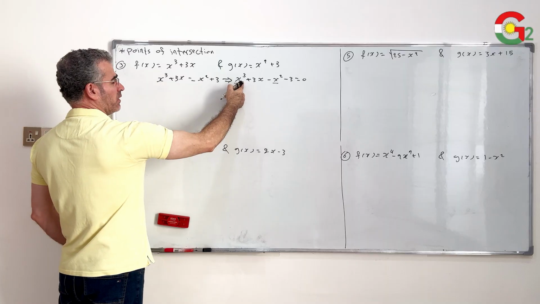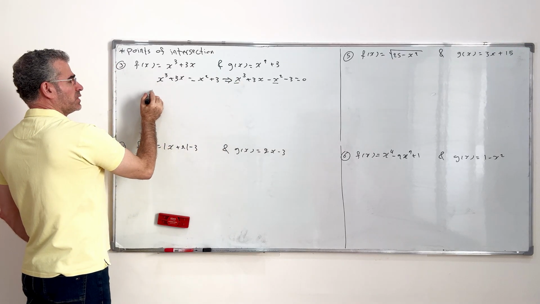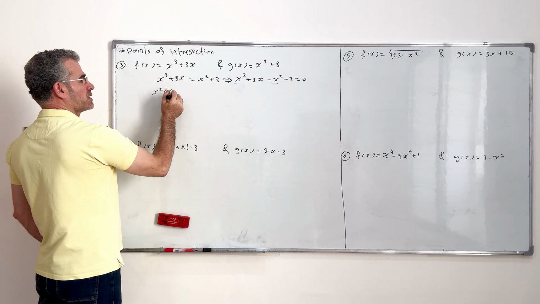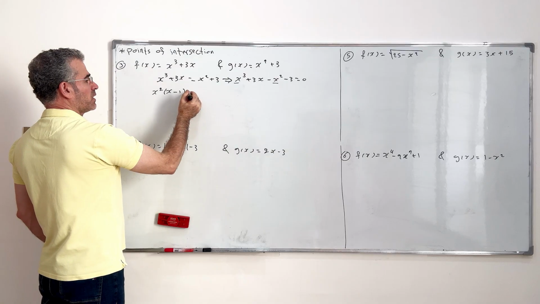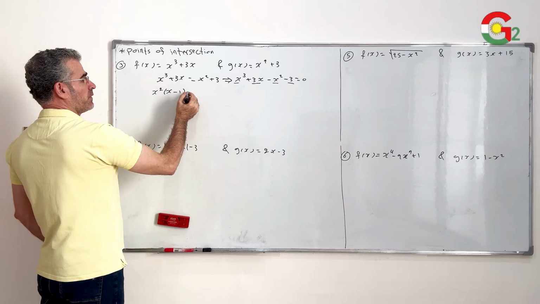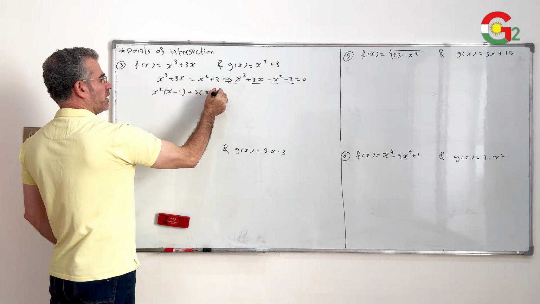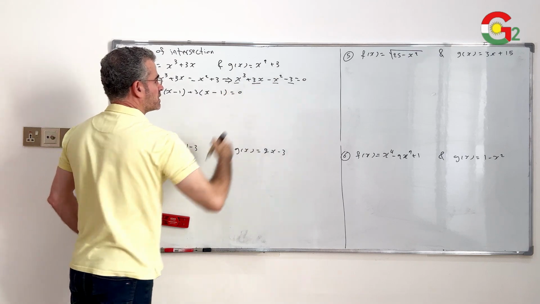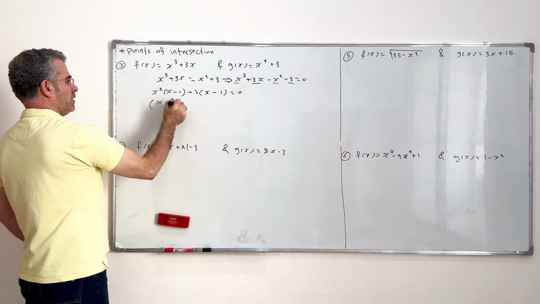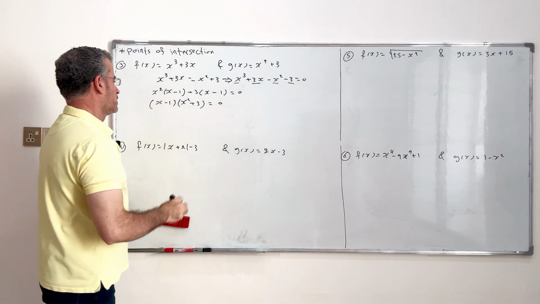Since it is a polynomial of degree 3, I'll factor every two terms with each other. Factor by x power 2, then I'll get x minus 1 from these two terms. The second term and the third term, factor them by 3. Then I'll get x minus 1 from the second and third term. Now, factor by x minus 1 these two terms. I'll get x power 2 from here and 3 from here equals 0.